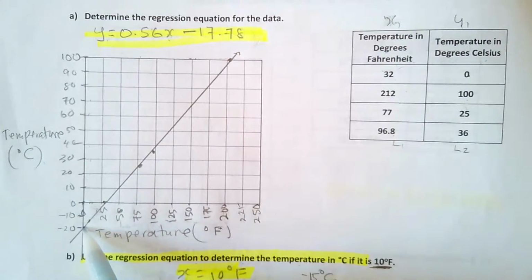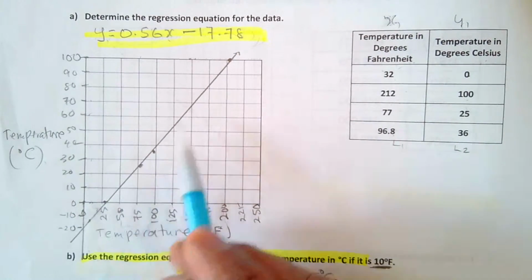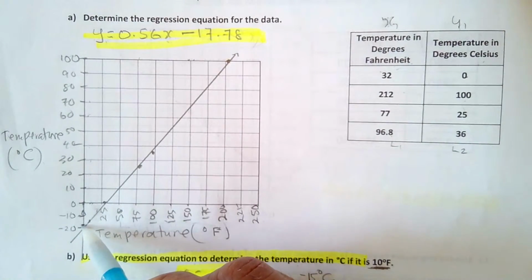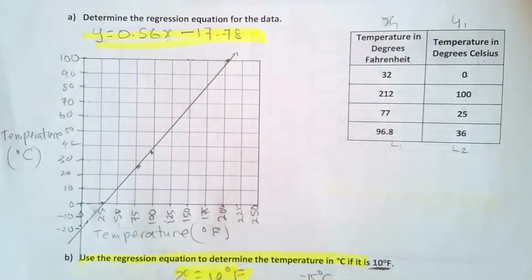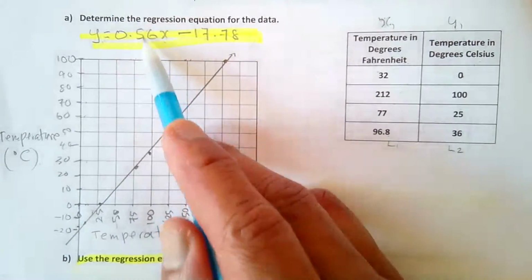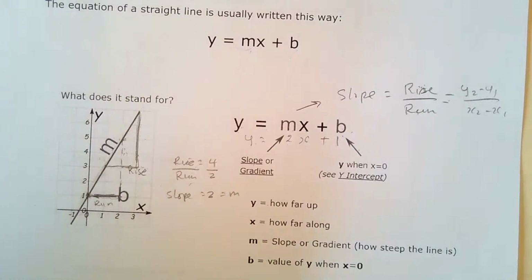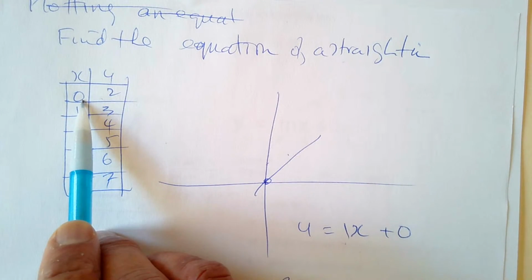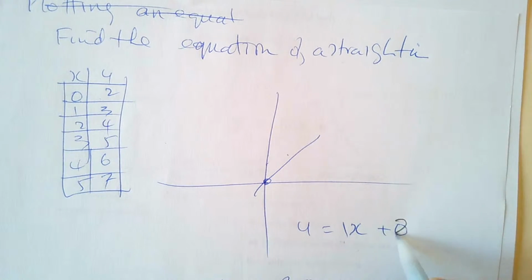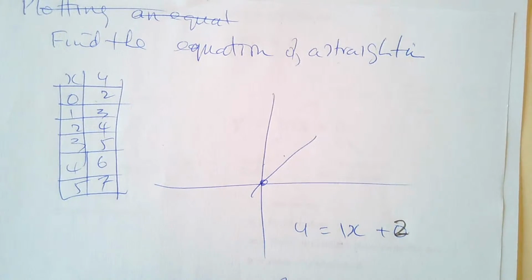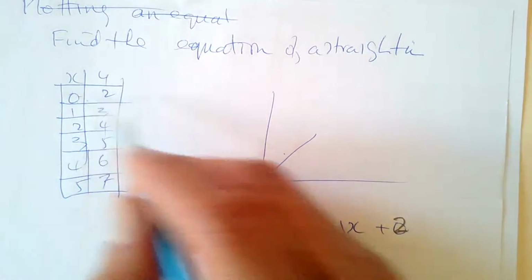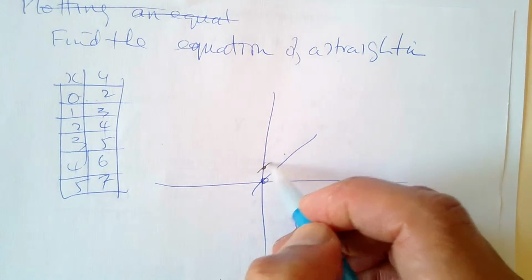In this case, the y-intercept, this was my estimate, would be -17.78. The slope is positive. Looking at this graph, x is 0, y is 2, should be up here.